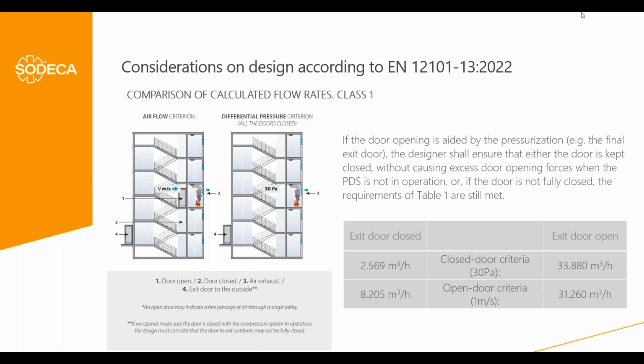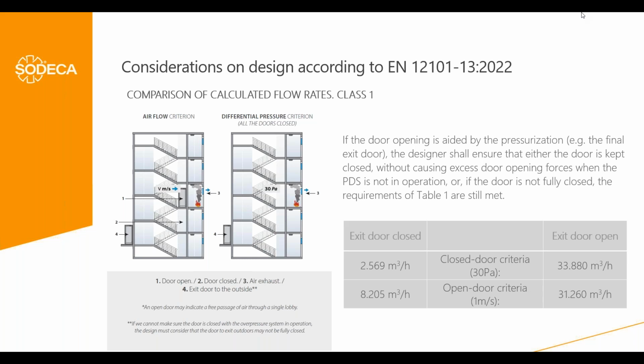Of course, this is a risky point in the calculation, because when we do the calculation, we don't really know how much area will be open. So if we want to be on the safe side, as we have done here, we can consider the door fully open. The thing is that after, when the building is done and the system is installed, it is necessary to do a commissioning, and both the 30 pascals and 1 meter per second should be achieved in the real condition.